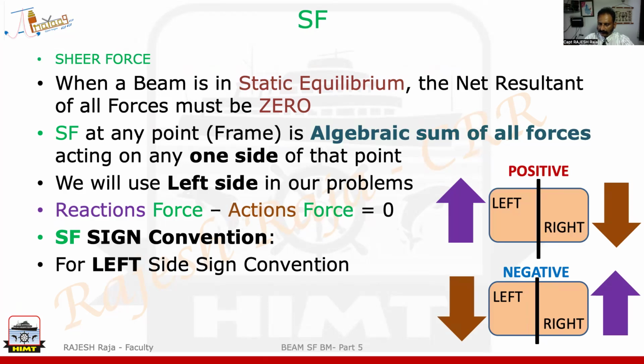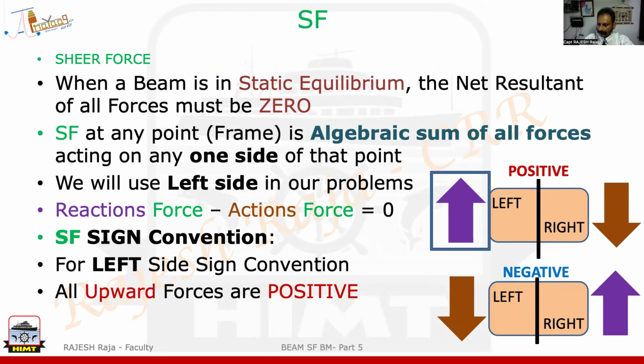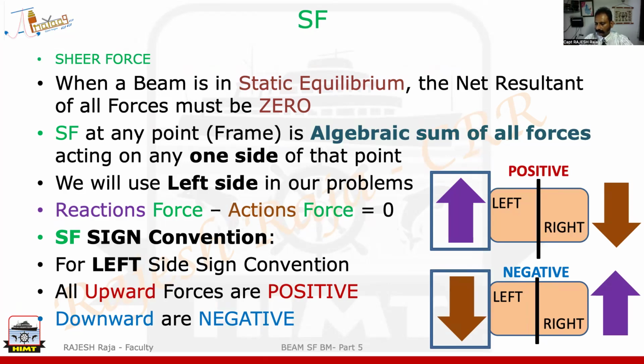And as I said, I'm going to use only the left side convention. So when I say left, in both these pictures, I'm going to take left, which means the upward force here is what is on the left, and the downward force, which is negative, is what is on the left. So I'm going to take all the equations starting from the left and I'll move towards the right.